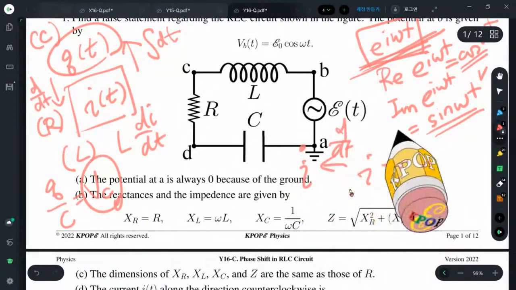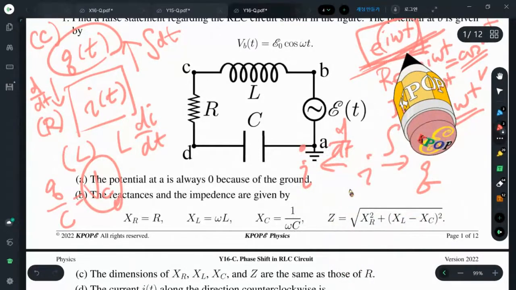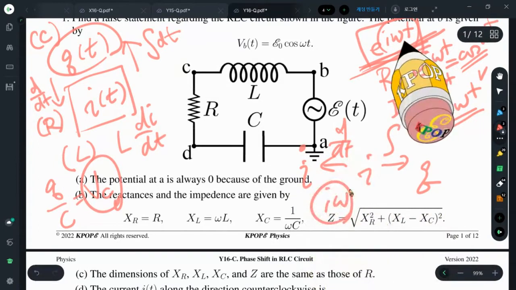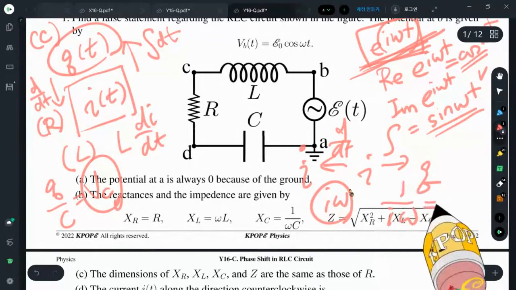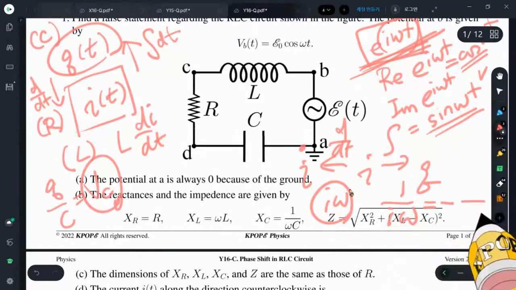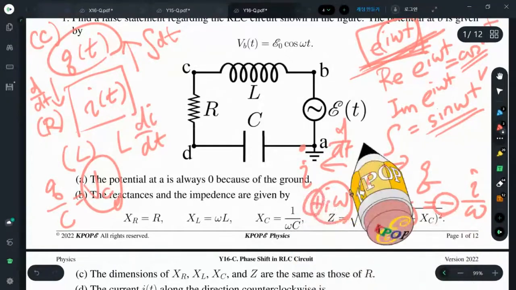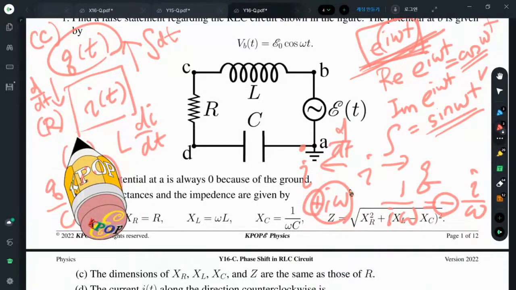This is the derivative, and this is the integral. The derivative of e to the i omega t brings in i omega. The integral is 1 over i omega, and 1 over i omega is minus i over omega. So we have a negative sign and a positive sign. If you consider the current, there is no phase difference.